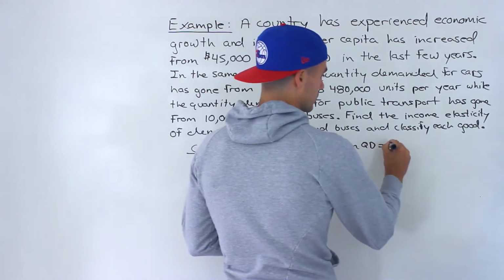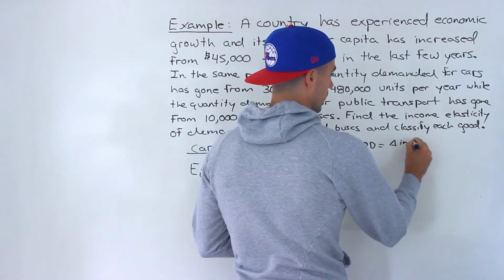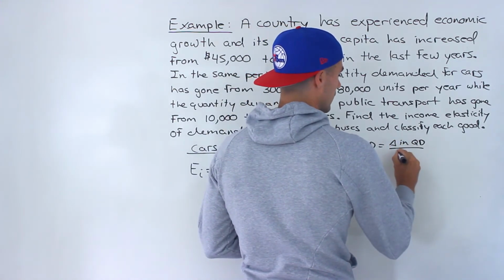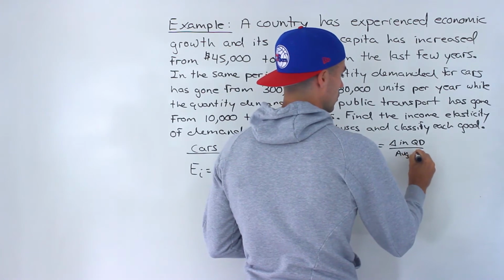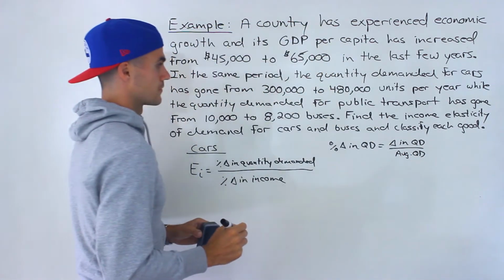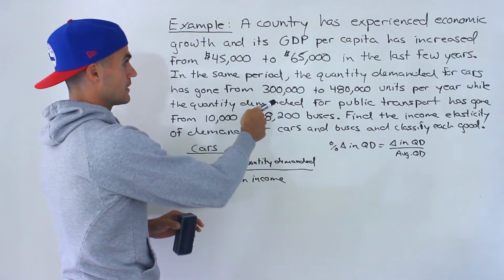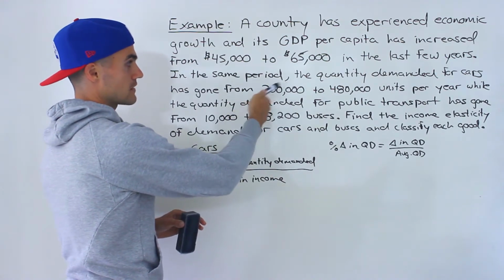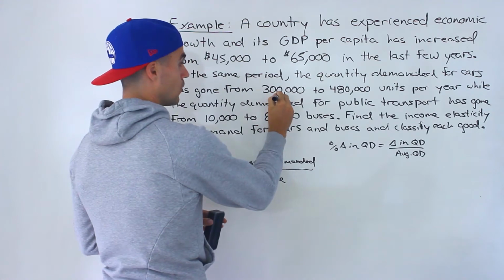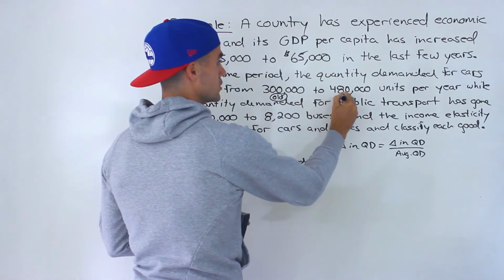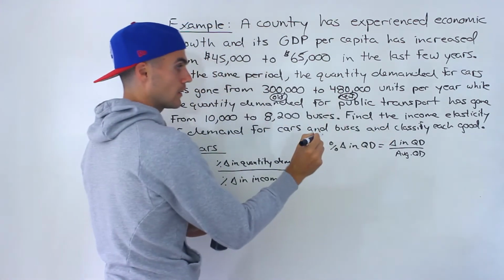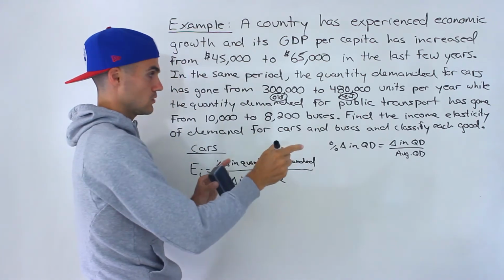And as we know, that's basically the change in quantity demanded over the average quantity demanded. So notice that the quantity demanded went from 300,000 to 480,000. So this was the old amount, and then this is the new amount here. So the change in quantity demanded is always going to be the new minus the old.